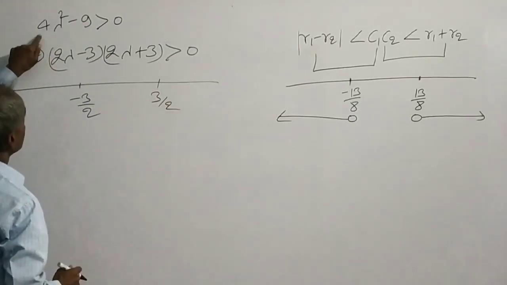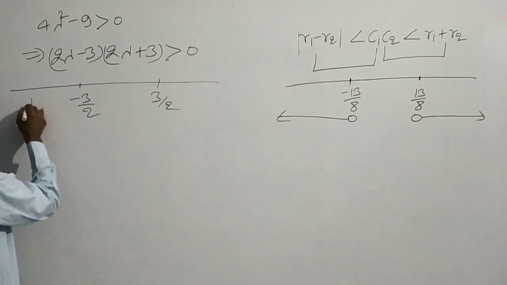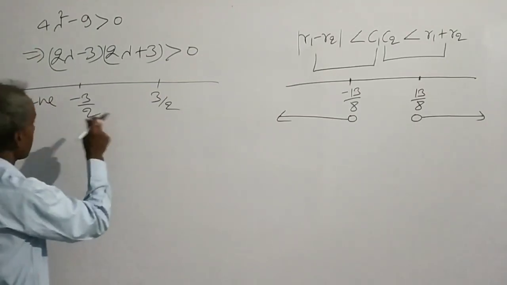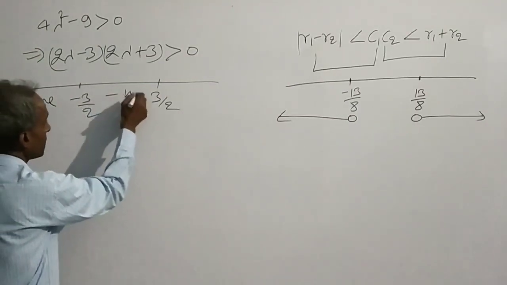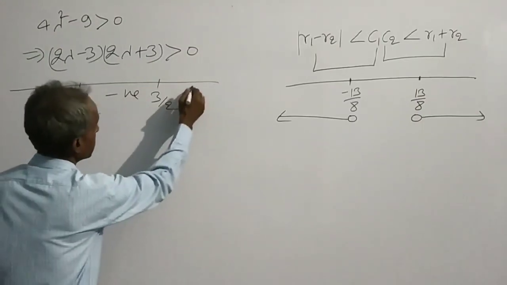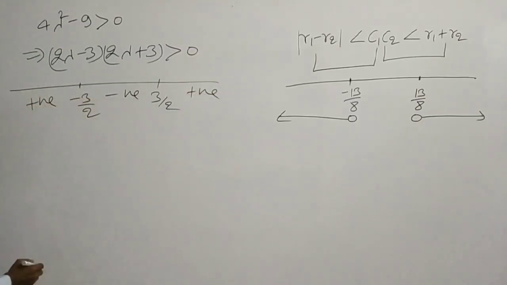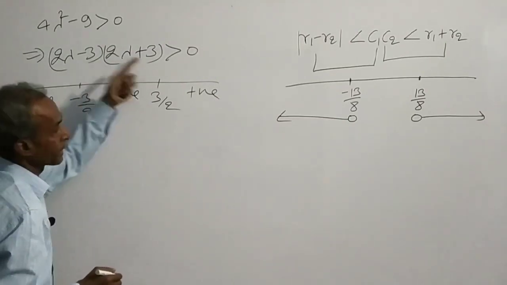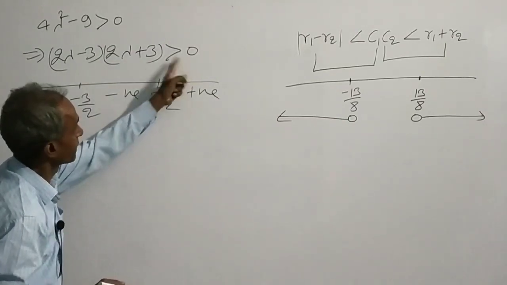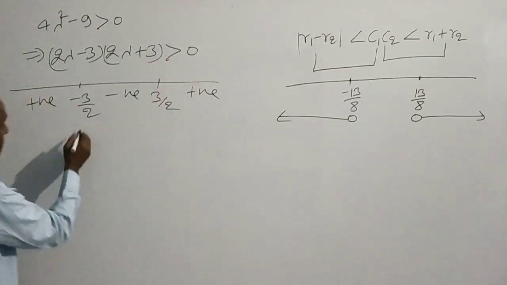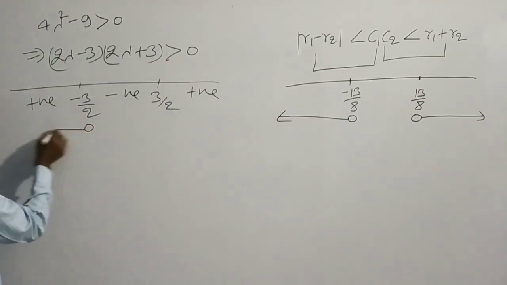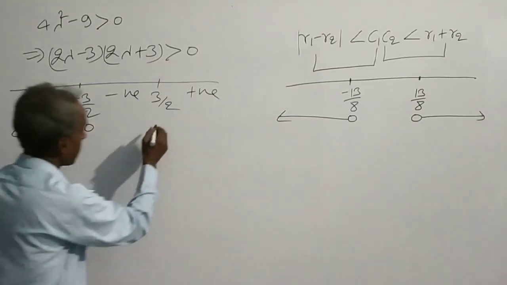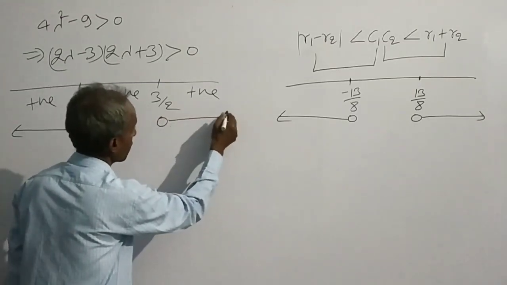The coefficient of lambda square is 4, which is positive. Therefore, in this interval, the sign will be positive. In this interval, negative. In this interval, positive. The sign of this expression should be positive. This condition should be fulfilled. That means the value of lambda should lie on the left hand side of minus 3 by 2 or on the right hand side of 3 by 2.